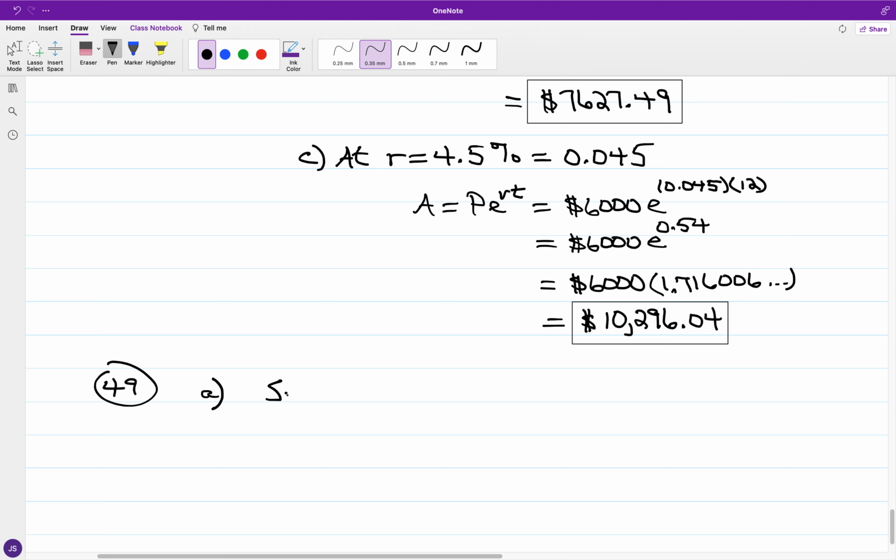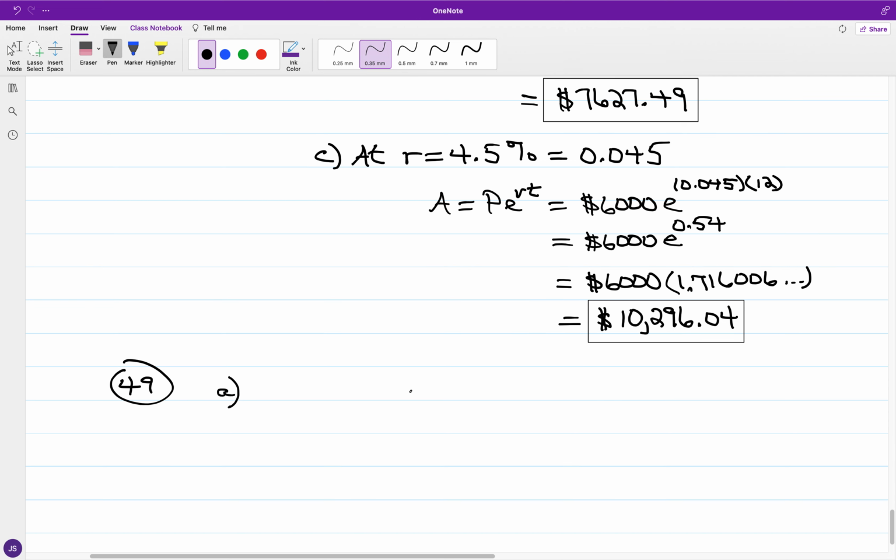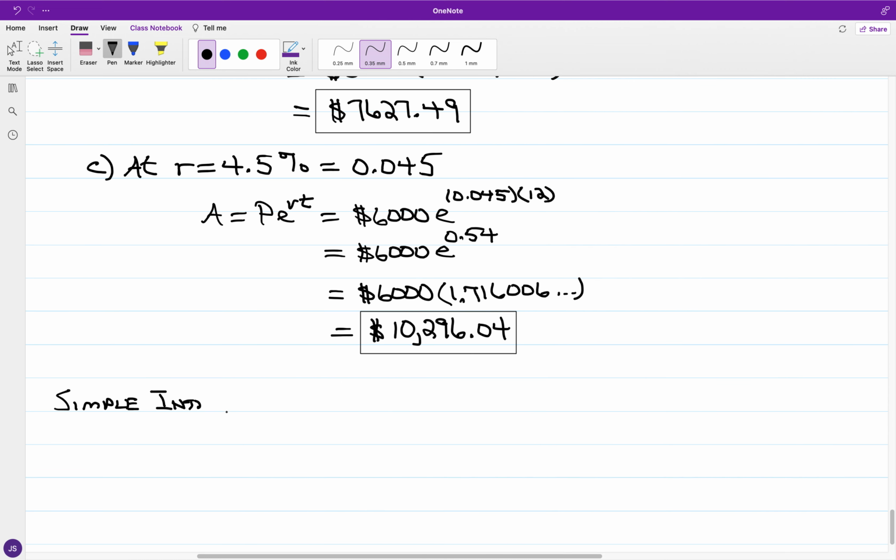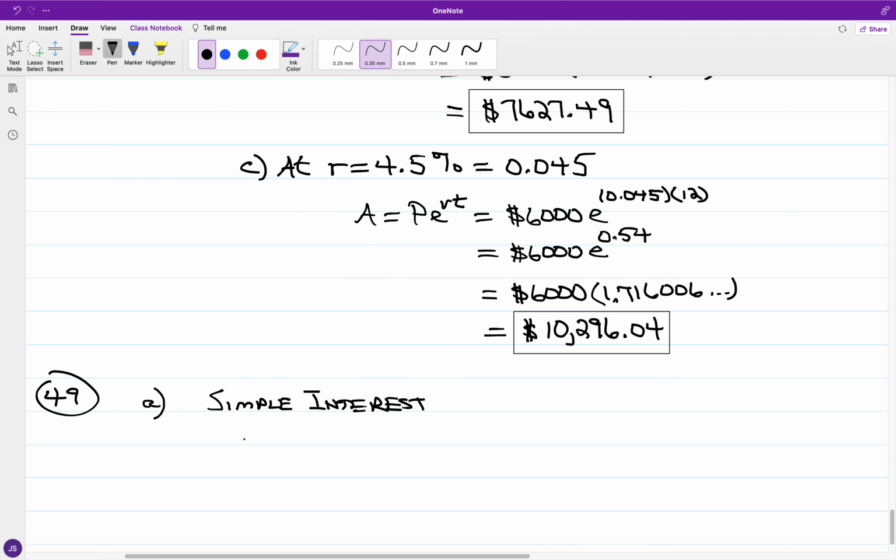So in the case of simple interest, I is equal to PRT.